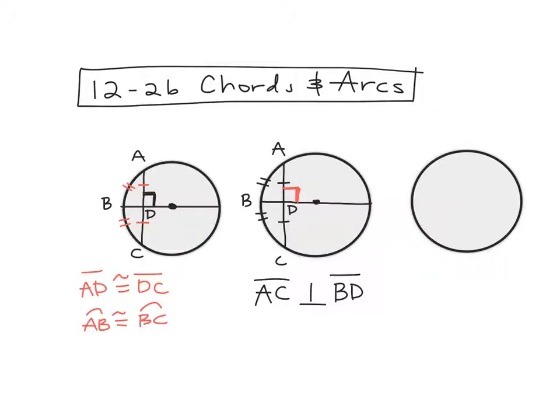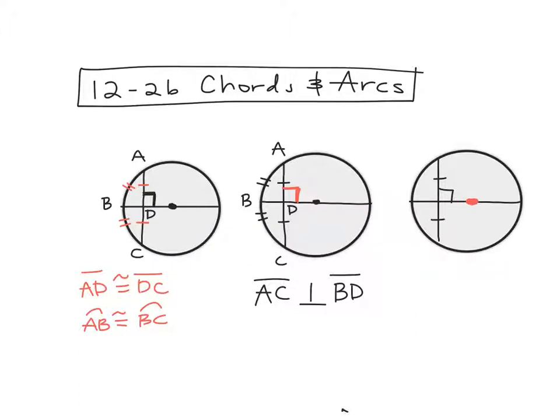The third one says, if it's perpendicular and the chord is bisected, any guesses? What are we going to know for this one? If it is perpendicular and bisected, so this is perpendicular and these are congruent, then what should be true? Thoughts? Then it's a diameter, right? Then it's going through the center of the circle.